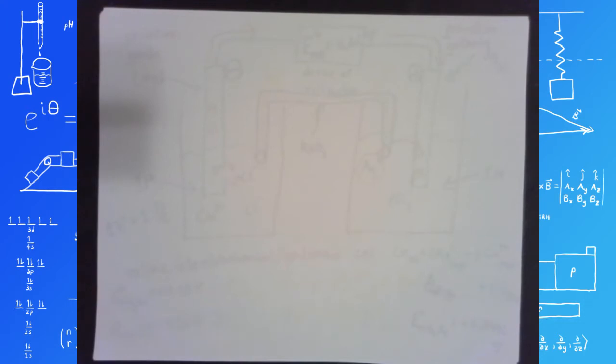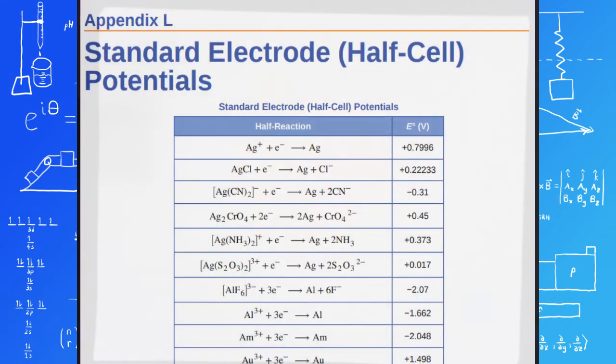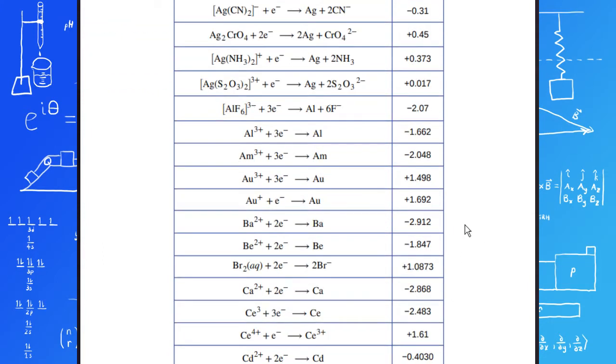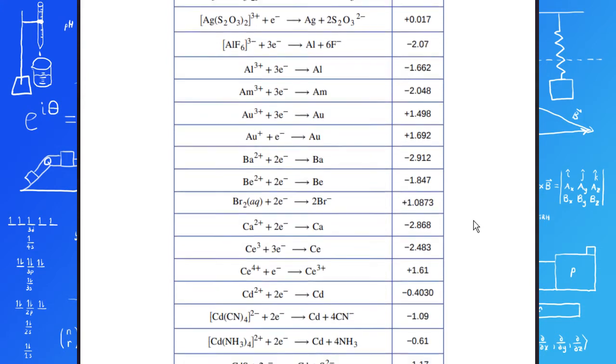So yeah, there you go. That's the standard hydrogen electrode. That's how we come up with the numbers that you see in the standard reduction potentials table. Actually, let me scroll through these real quick so that you can refer to them as needed for some of the problems that we'll be doing later.